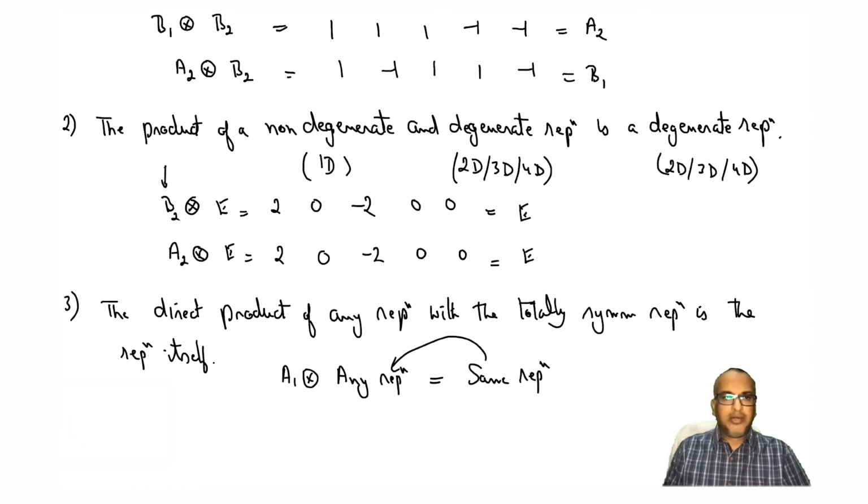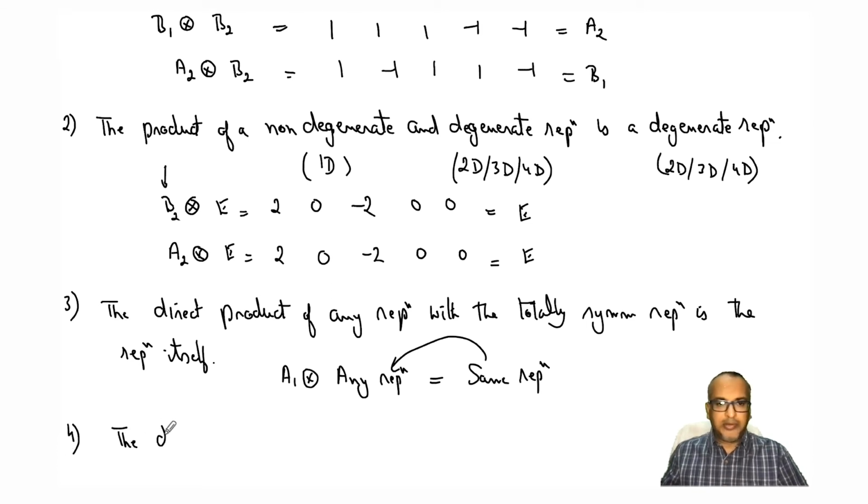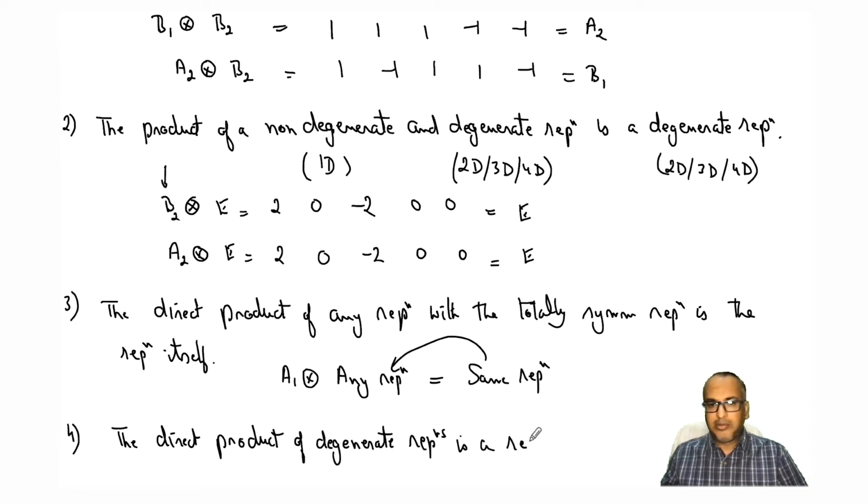Okay. Now let's say the fourth one. The direct product of degenerate representations is a reducible representation.